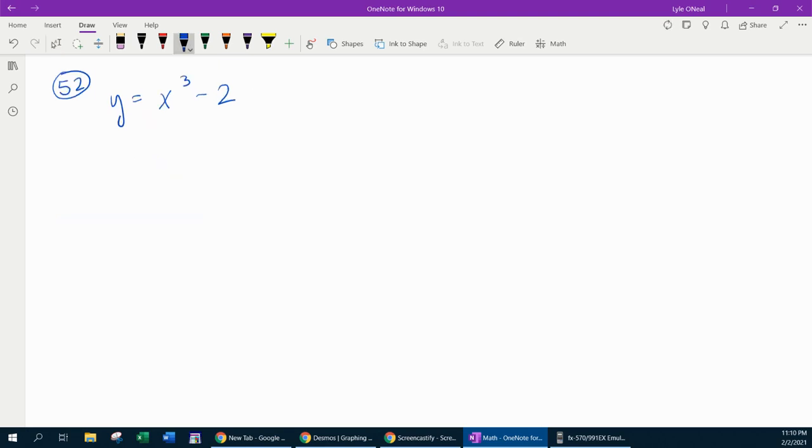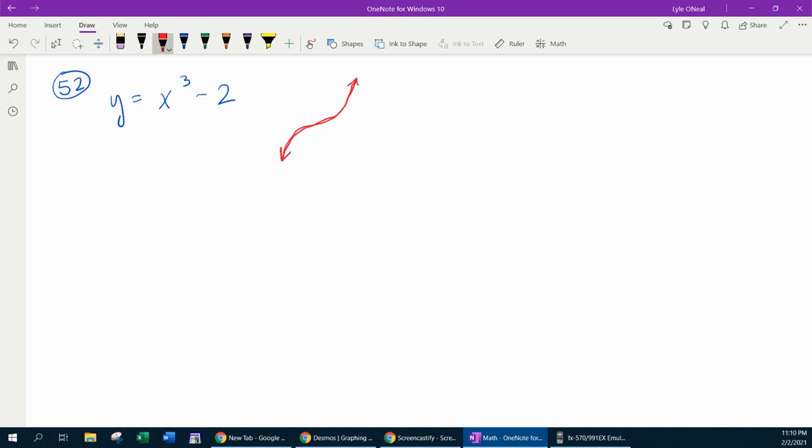For our last example here, number 52, notice that this equation has an x to the third power. This time our x is cubed. And what I'd like you to know is that anytime you have an x cubed, this is called a cubic equation, you're going to get what I call a squiggle.